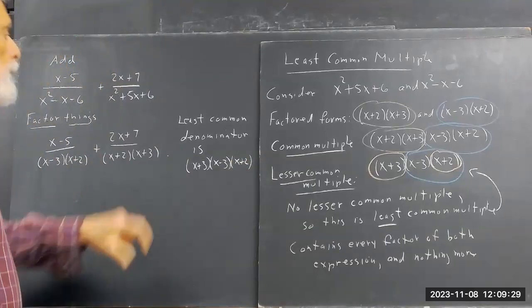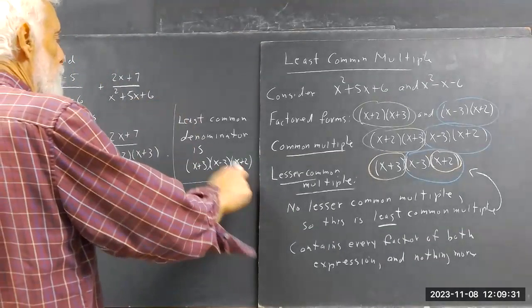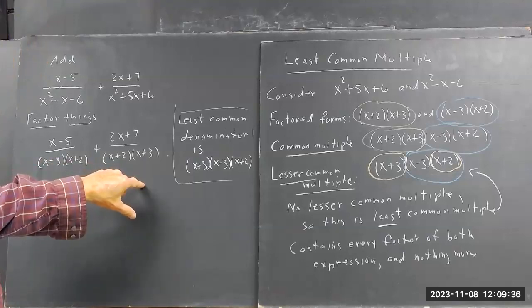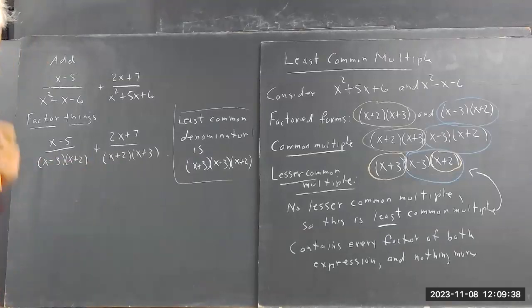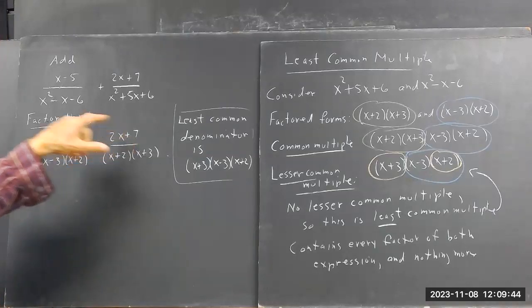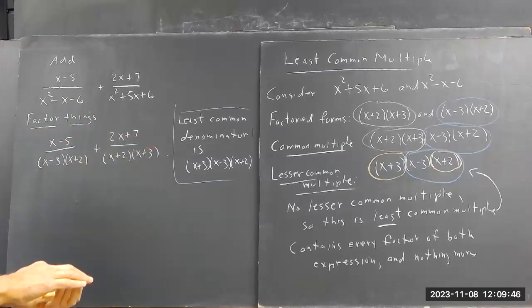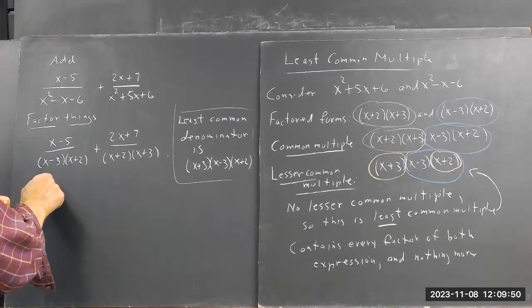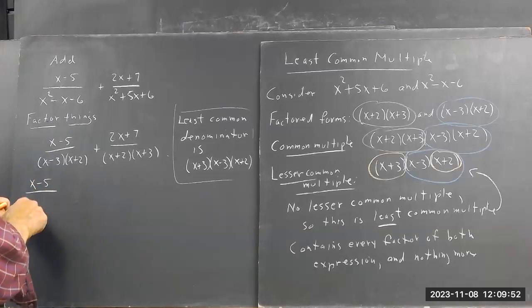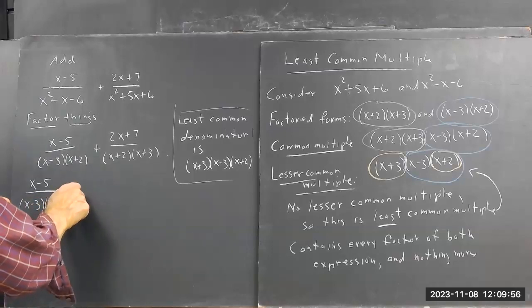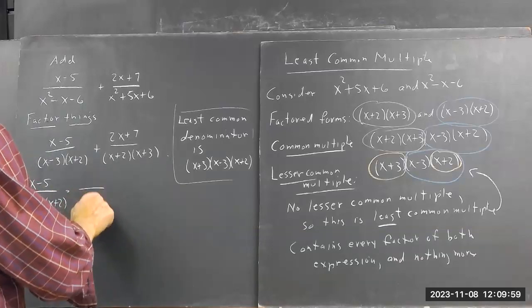It's this. So once we've found the least common denominator, which is the least common multiple of our denominators, we should be able to identify what we need to multiply numerator and denominator on each of these terms. So we could write x minus 5 over x minus 3 times x plus 2 multiplied by something over something.